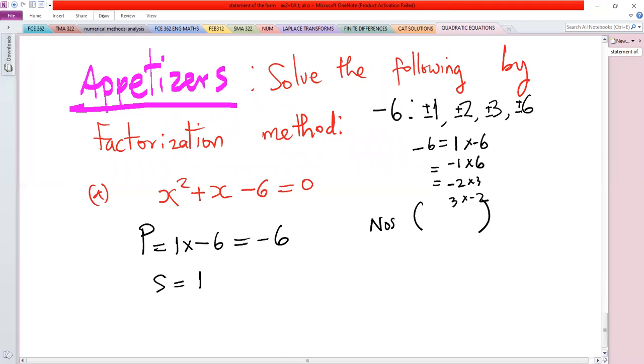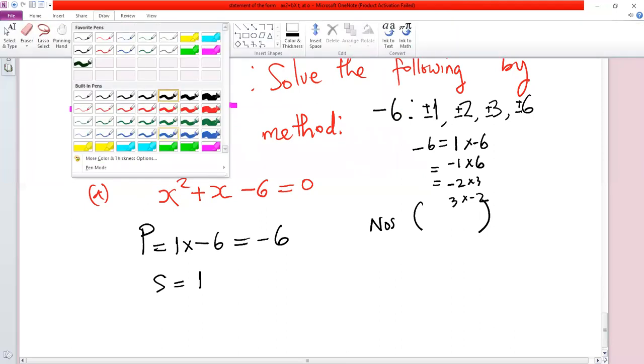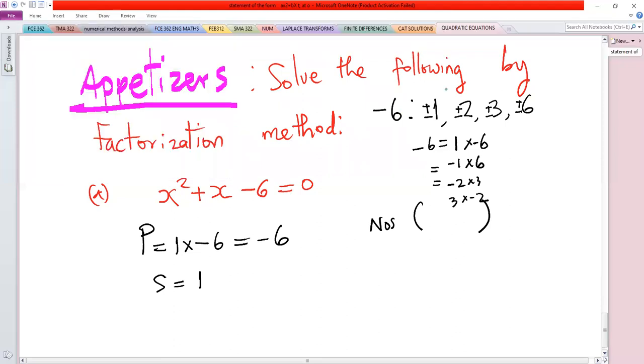Now, once you have gotten these pairs that give you the product from the factors of the product, then start eliminating those which don't give you the sum. So 1 plus minus 6 is minus 5, which is not 1, so 1 and minus 6 cannot be the numbers. Minus 1 plus 6 is positive 5, which is not 1 as the sum should be, so we eliminate this.